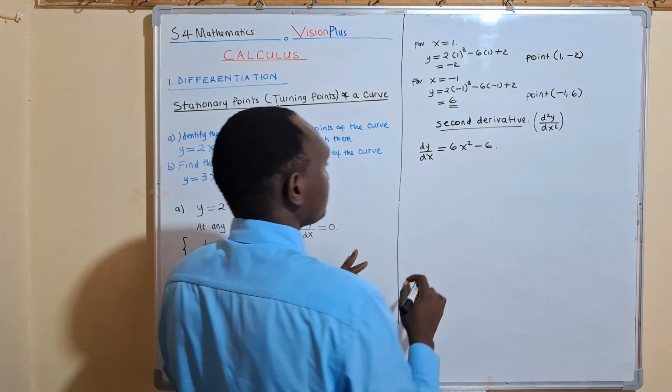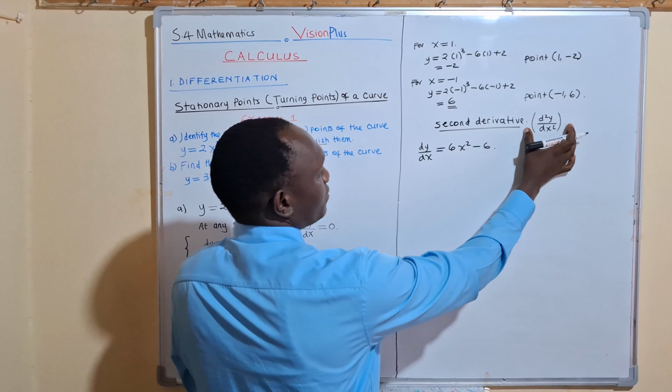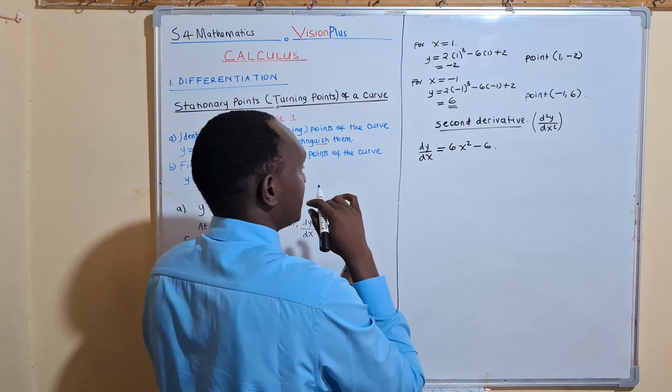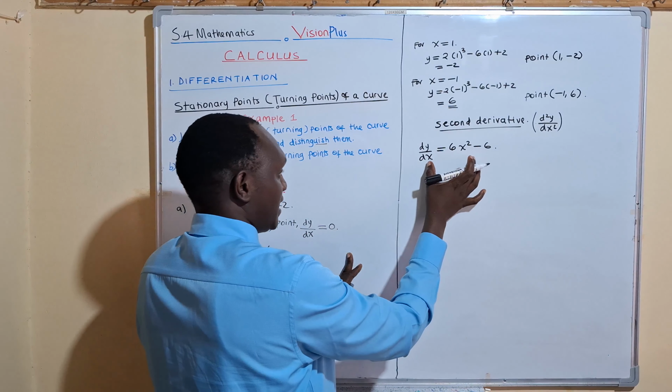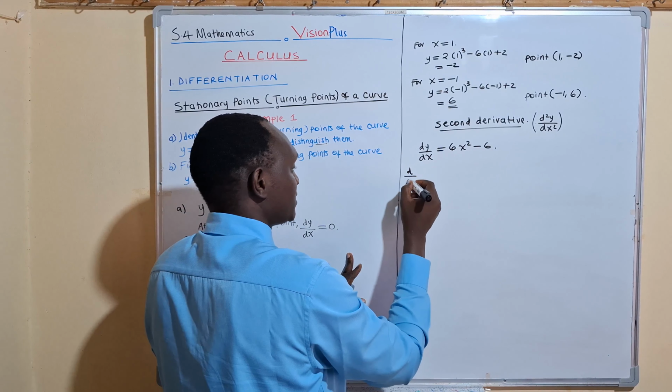I don't want to go into the context of how d²y/dx² comes about, but a small light of it is that we differentiate this again, with respect to x.